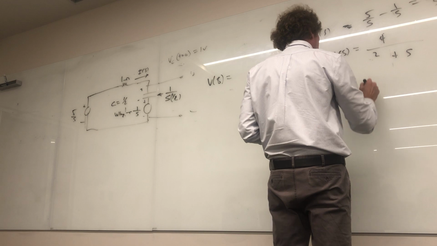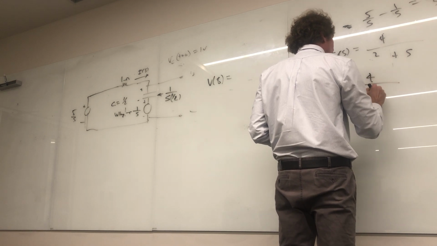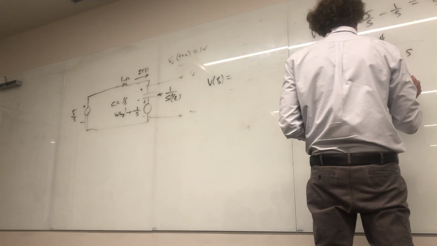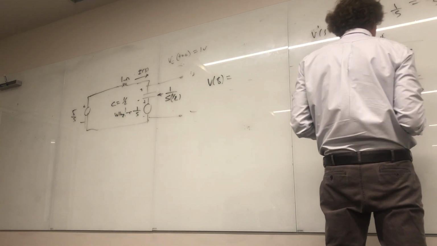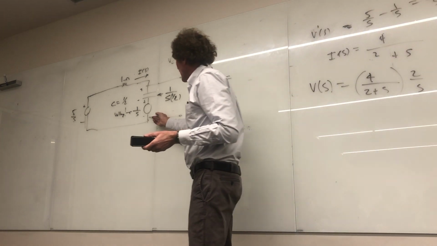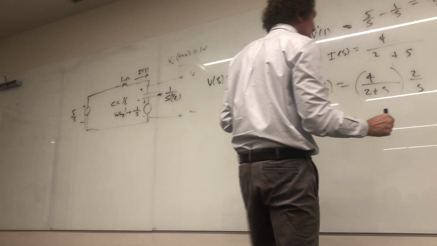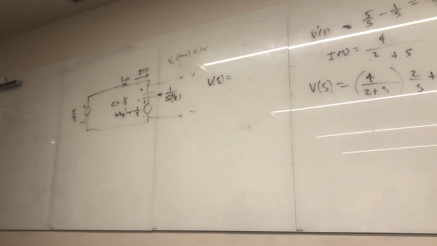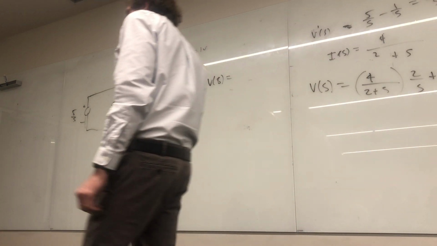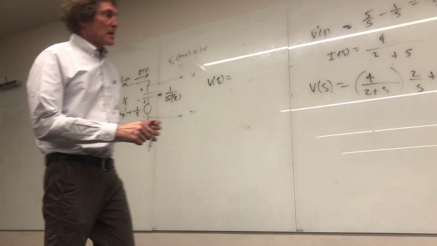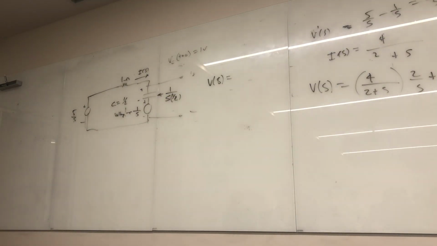So it's going to be 4 over 2 plus S times 2 over S, and then what's going to add on to this is 1 over S. I hope you appreciate what I'm doing. You with me on this, class? So now I've got the output voltage in terms of the S domain. I'm going to go through the mathematics on this one. I can see that this one just goes to U of T, correct, class?